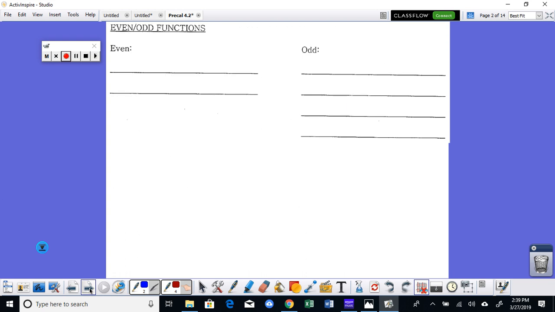Okay. Even and odd functions. We've had these before. An even function: cosine of negative t will equal the cosine of t. What I'm saying is the cosine of negative pi over 4 equals the cosine of pi over 4.